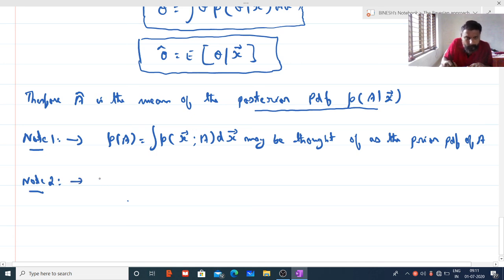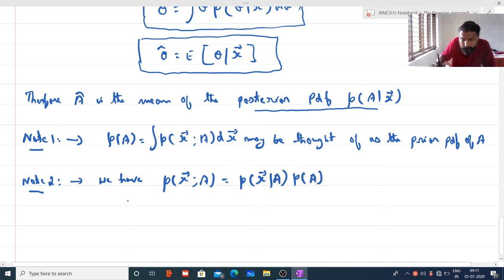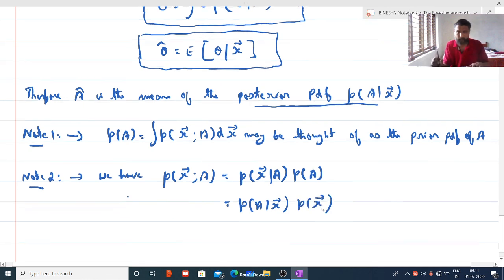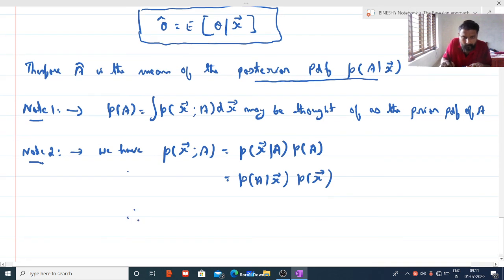Note 2: we have P of x, A equals P of x given A into P of A, which is nothing but P of A given x into P of x. That you already know.